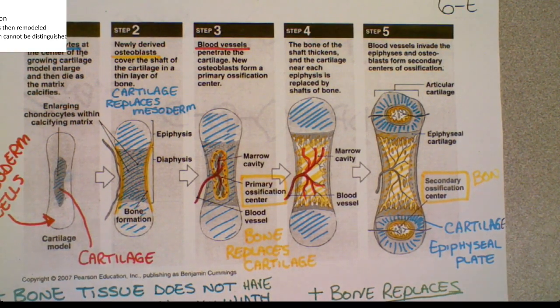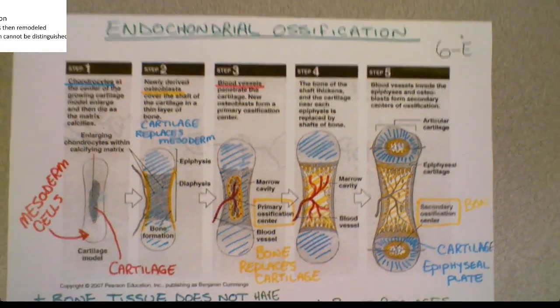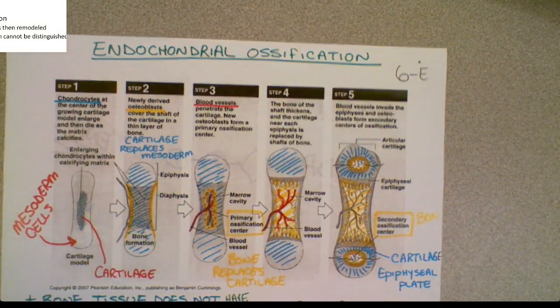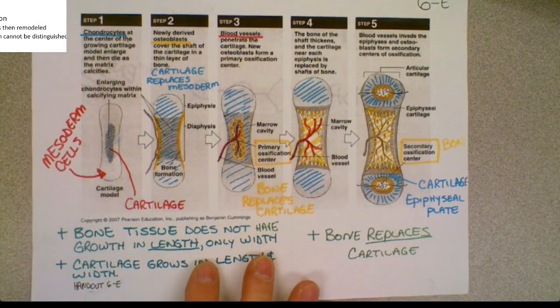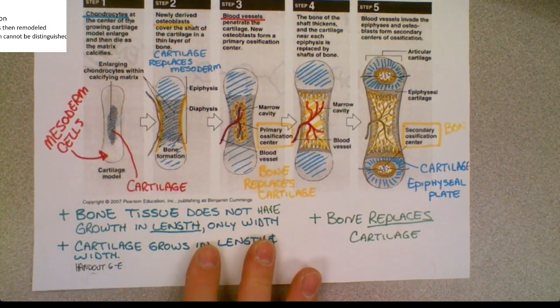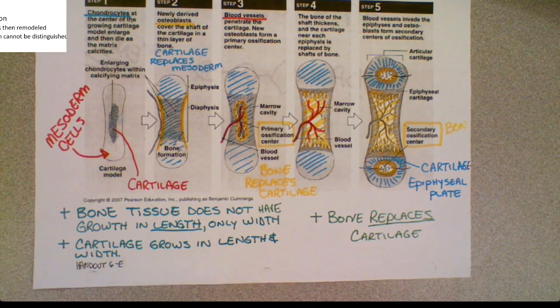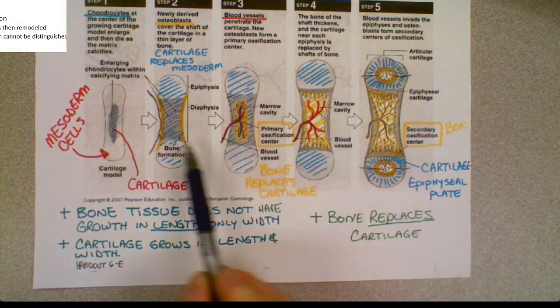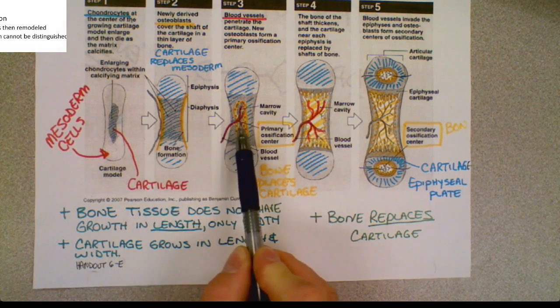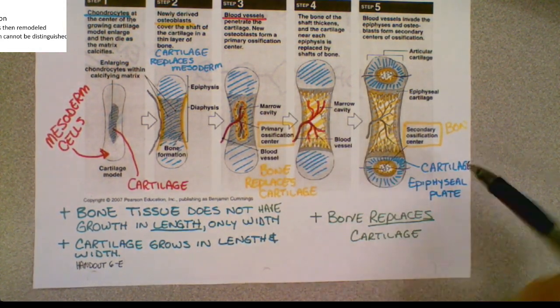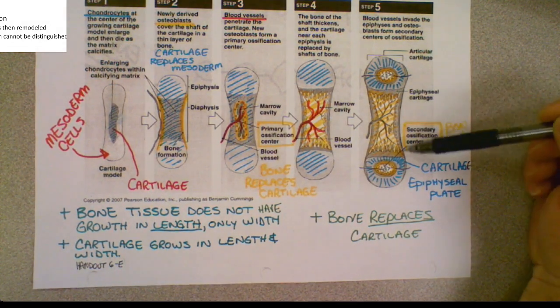Now, as we look at this, a couple of things to keep in mind. I'm going to zoom out here to show you. First of all, bone tissue does not grow in length. It only grows in width. So our bone is actually getting wider because of the bone tissue, but the bone tissue cannot make this structure grow longer.